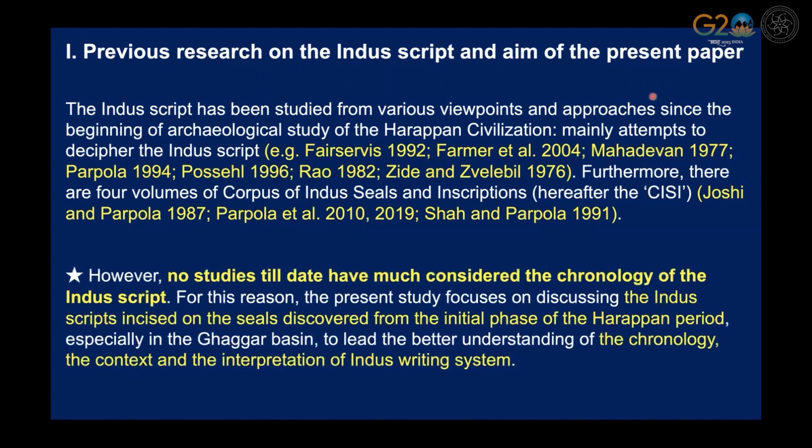However, no studies to date have much considered the chronology of the Indus script. For this reason, the present study focused on discussing the Indus script on the seals discovered from the initial phase of the Harappan period, to lead to a better understanding of the chronology, the context, and the interpretation of the Indus writing system.